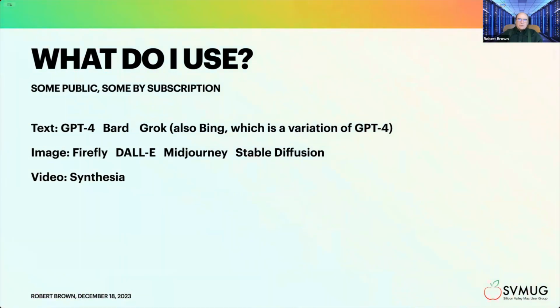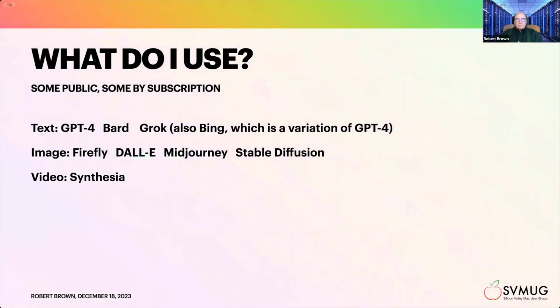Now, what do I use? Well, I have some public and some by subscription. I use GPT-4 a lot, Bard, and Grok. I played a little bit with Bing, which is a variation of GPT-4. And what Bing does is that it will start with a GPT-4 response, but then it will verify it with web searches and some other verification tools.